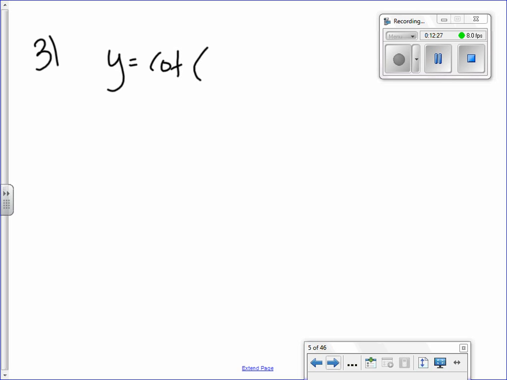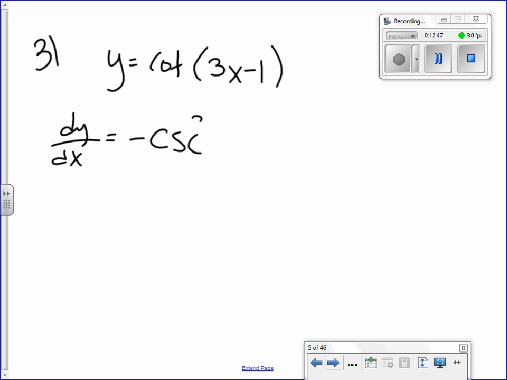We'll get the first derivative. We'll use our chain rule. The outer function's cotan. Do you remember what the derivative of cotan is of an angle? Negative. Good. Negative cosecant squared, and we leave the angle the same, so 3x minus 1. That's the derivative of the cotan.